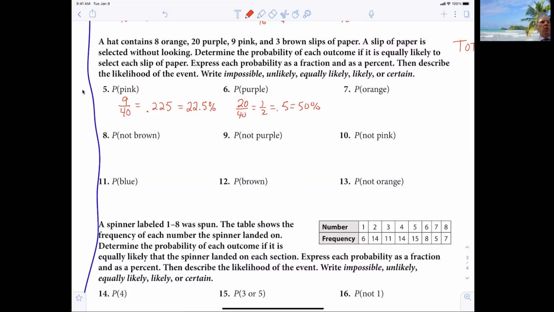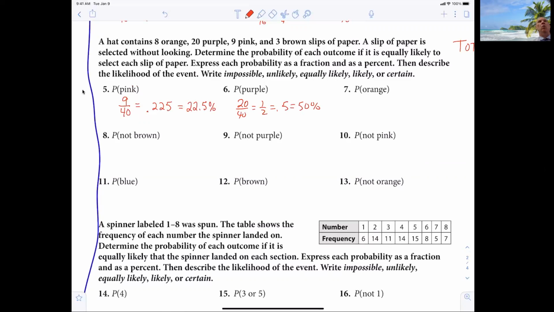Luca, what's the probability of getting an orange? Am I doing the wrong one again? Probability of getting an orange. How many oranges are there? So what are we talking about?